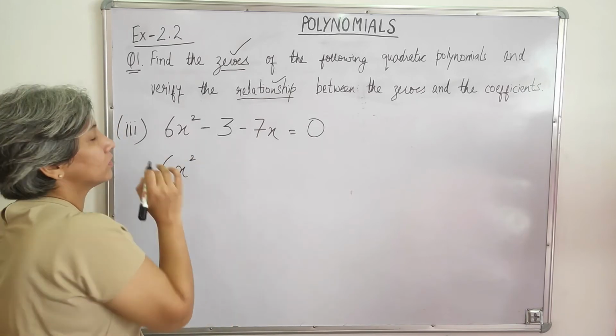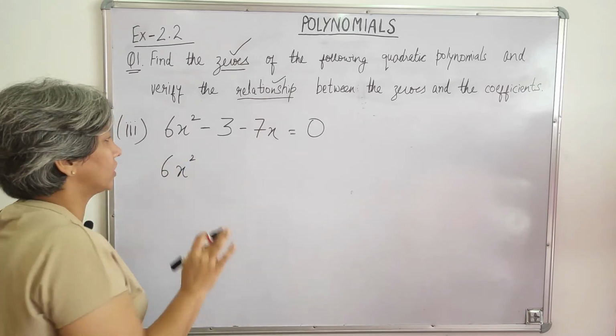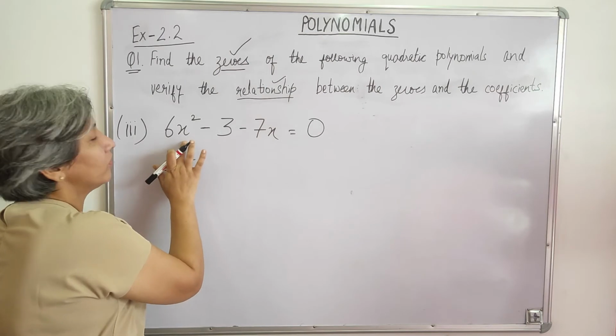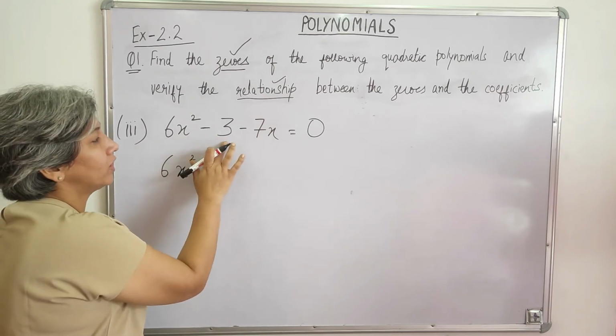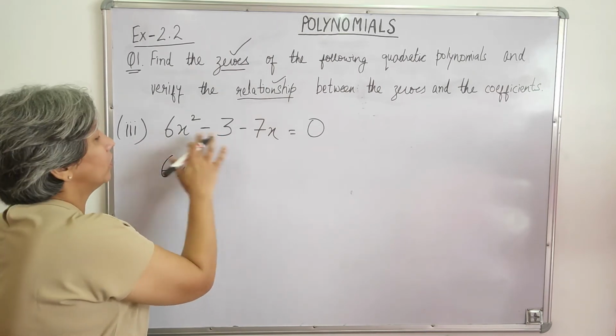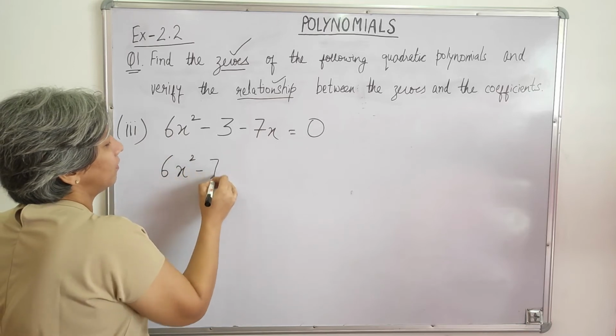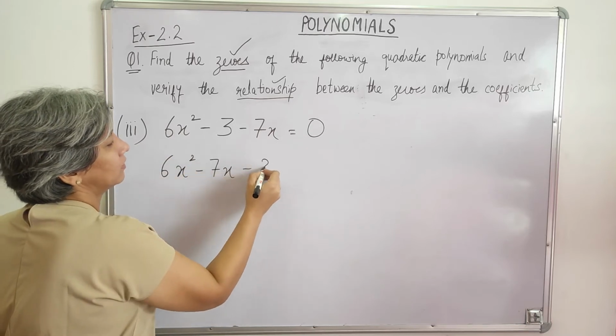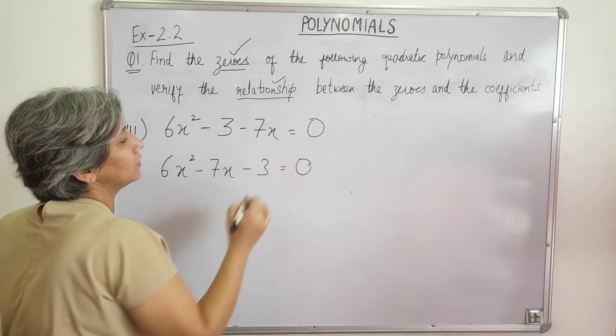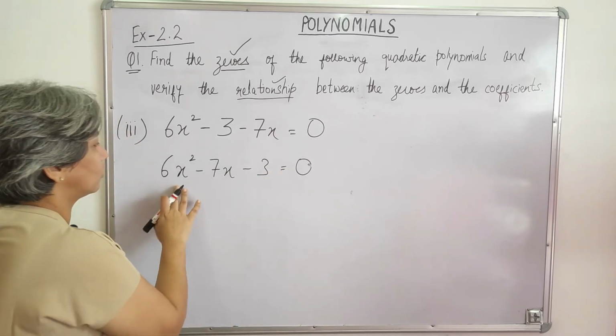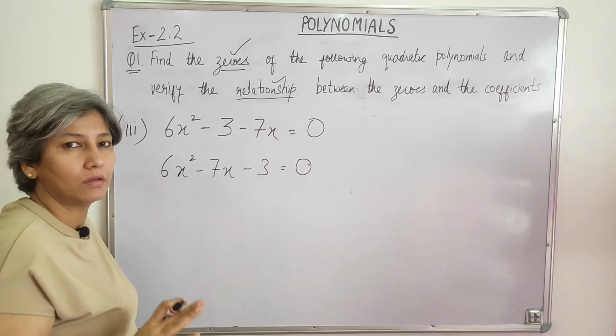Now we know the standard pattern of a quadratic is the variable with the highest degree, then the next level of degree, and then the constant term. So 6x² minus 7x minus 3 is the standard pattern, ax² plus bx plus c, right?